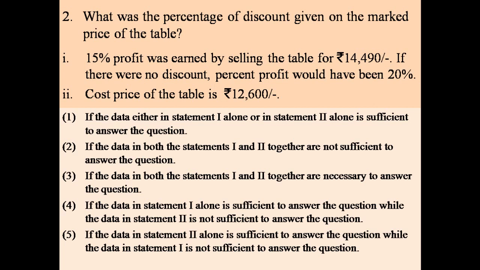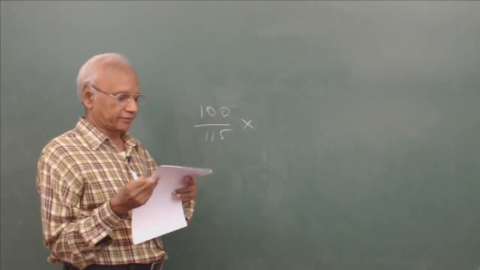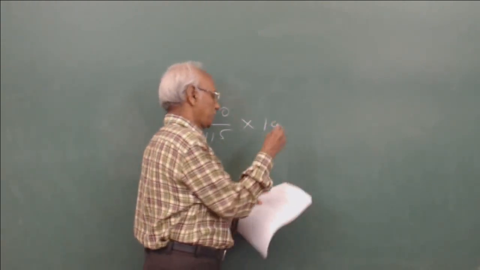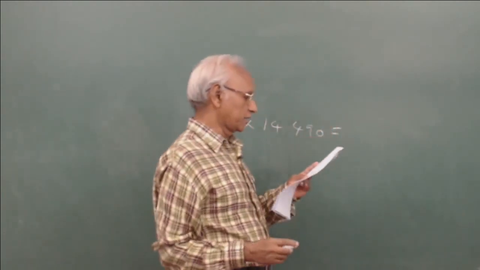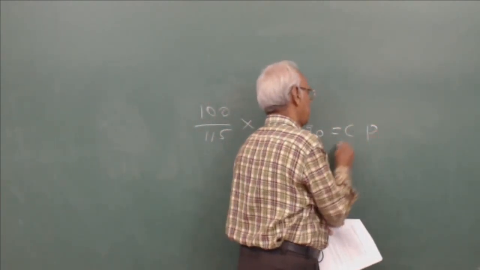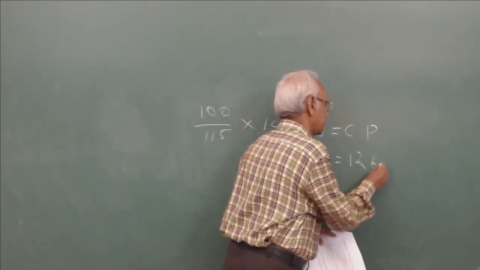So using that comparison, we take 100 divided by 115, that fraction multiplied by 14,490. This was his original cost price. That is 12,600.